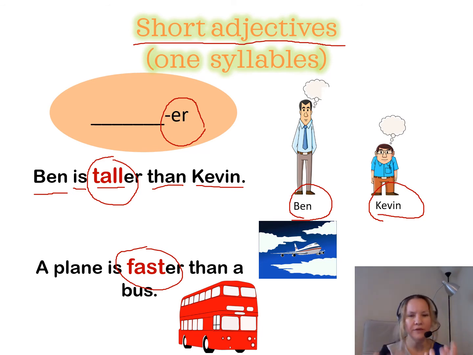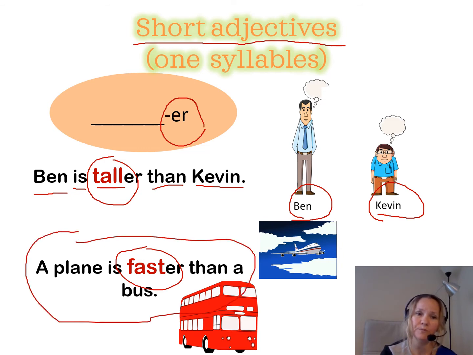If you have a look at the second example here, a plane is faster. Again, we add the er at the end of the adjective. A plane is faster than a bus. So we have the adjectives tall and fast, and at the end of them we have to put an er.